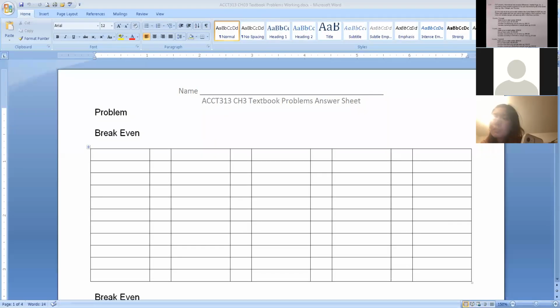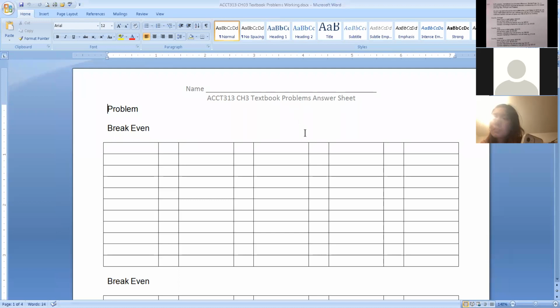All right, so this is the answer sheet I sent out. Again, you don't need to use this if you don't. If you want to use something else, that's absolutely fine. So what I'm going to do is use this problem, and I think you guys should be able to do a side by side. At least I can't do it because I'm the host.